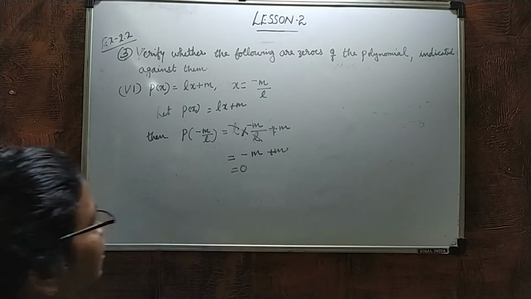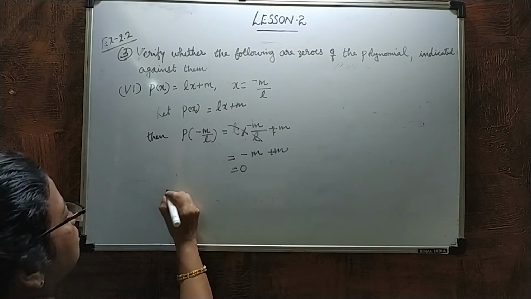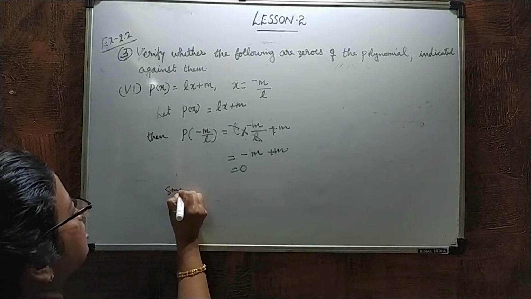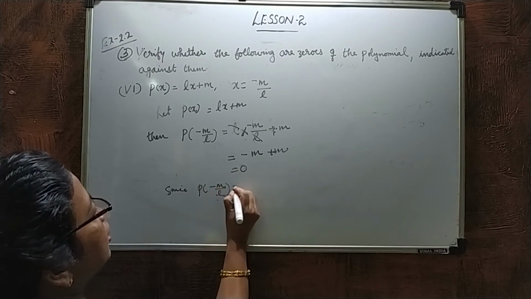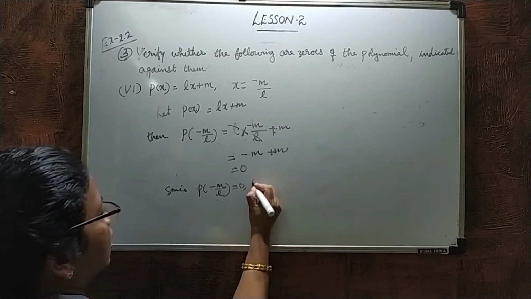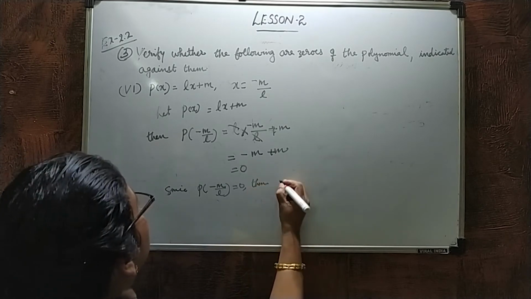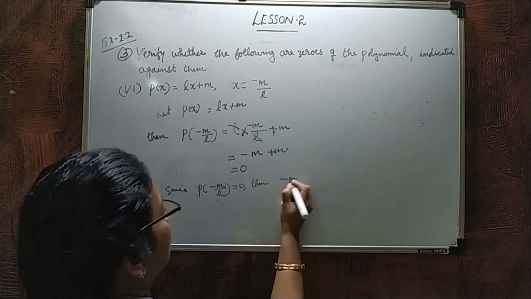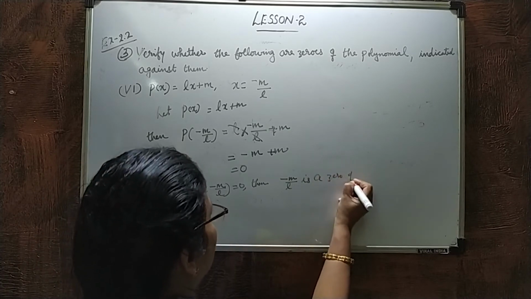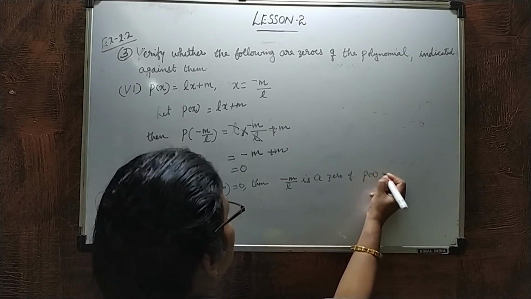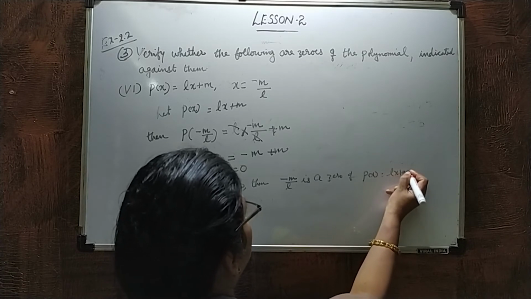So, what can you say then? Since P of negative m by L equals 0, then negative m by L is a 0 of P of x is equal to Lx plus m.